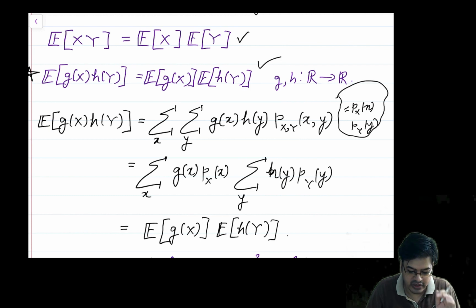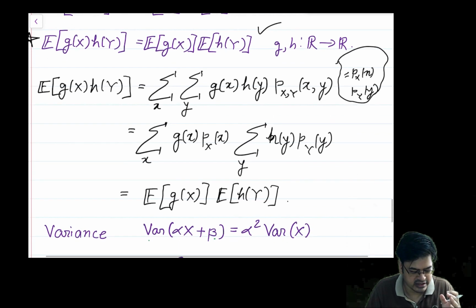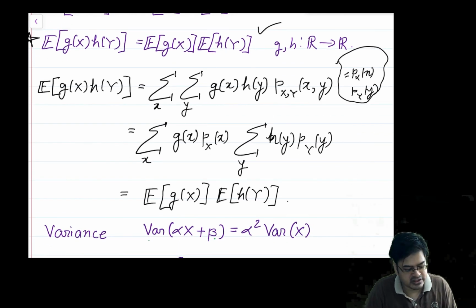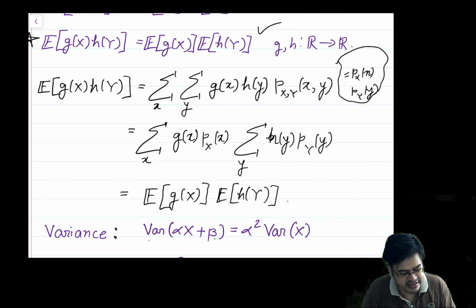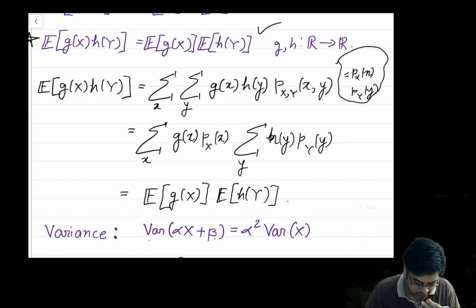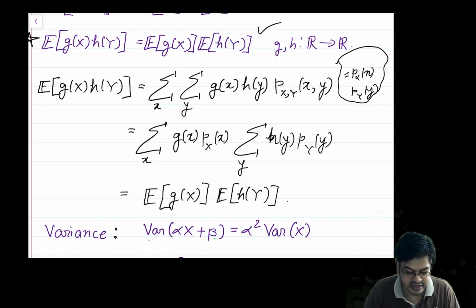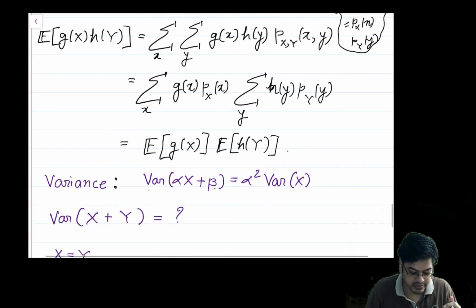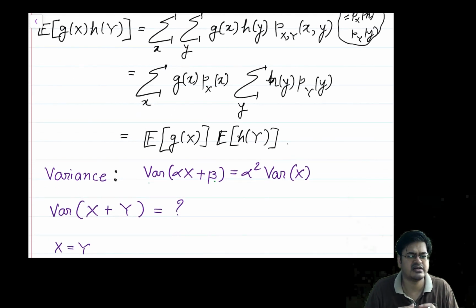Now let us focus on a very specific function that we have studied for single random variable case, which is the variance function. Variance of alpha x plus beta, we have already shown, is alpha square times variance of x. What happens when we are considering the variance of this joint PMF? So first of all, does it make sense to consider variance of joint PMF?